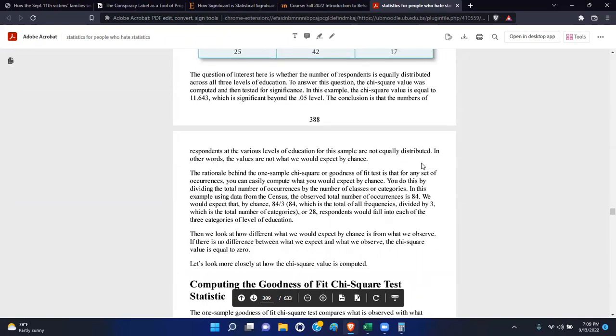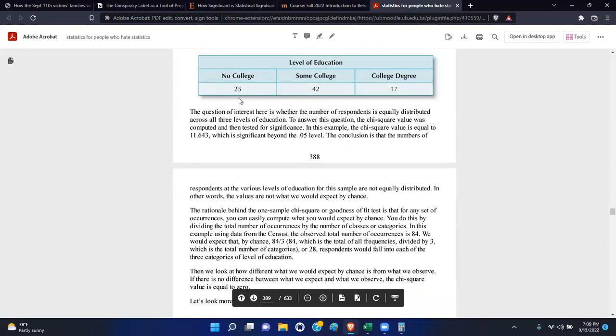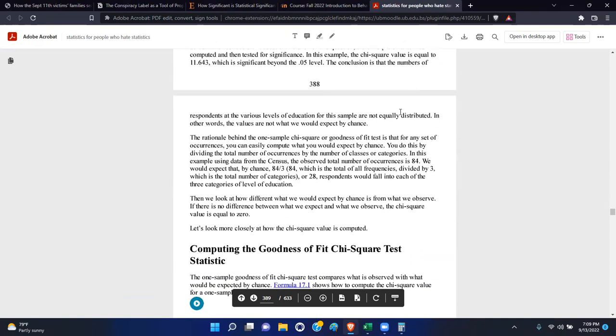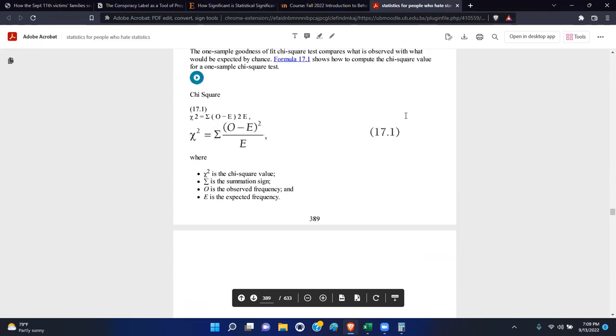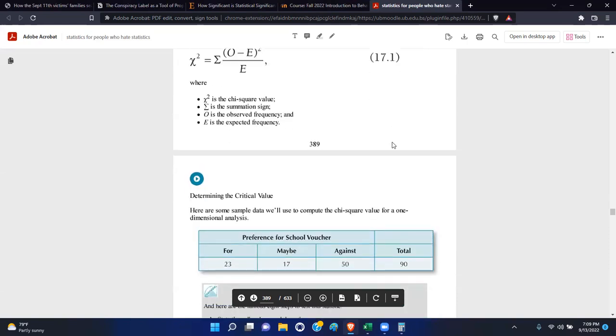I'm trying to scroll up. If we have the observed frequencies, like here we see 25, 42, and 17, how do we compare that with something expected? Well, this is where we have another assumption, and that has been the theme of today's lectures: embedded assumptions in the way that we're doing our calculations.